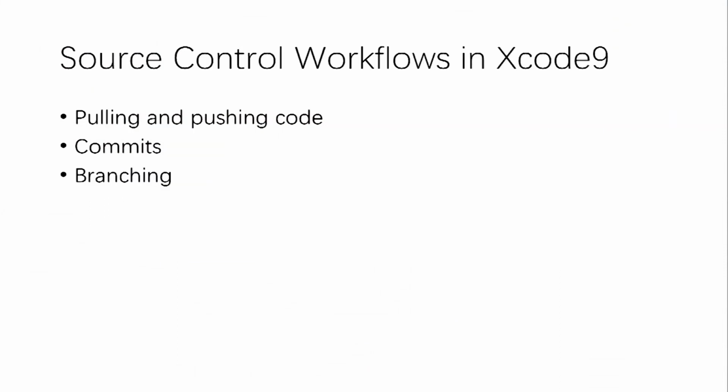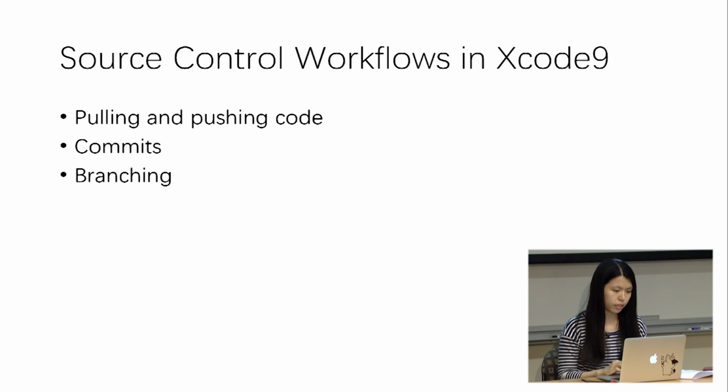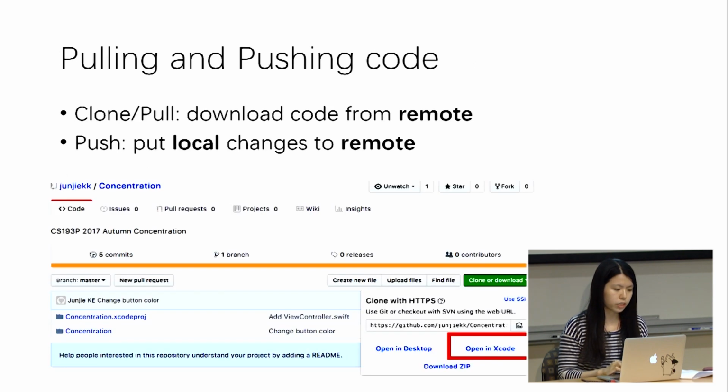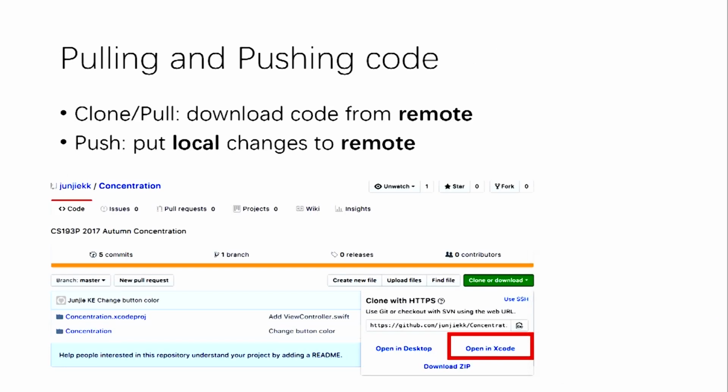There are three main components in the Xcode 9 source control workflow, and I will go through each of them briefly. The first one is pulling and pushing, which deals with your local changes and the changes in the remote repository.